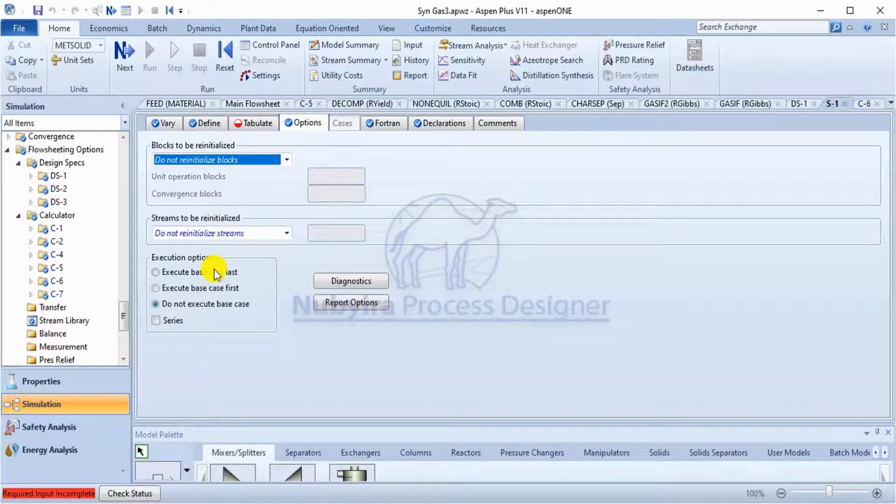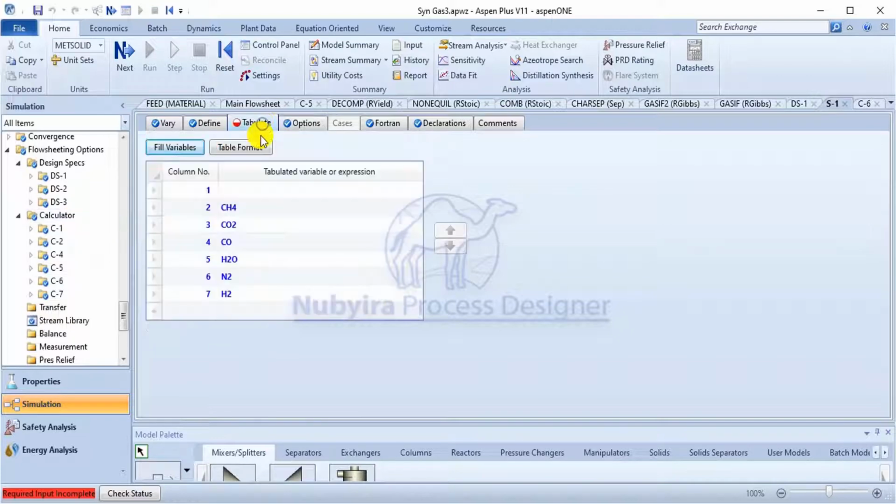When executing, if you want to exclude the base case in the simulation, you can pick one of these options, or do not exclude the base case, or you can just pick initialize the block. There are some blocks whose properties you have to be sending their results to, so you initialize the blocks.